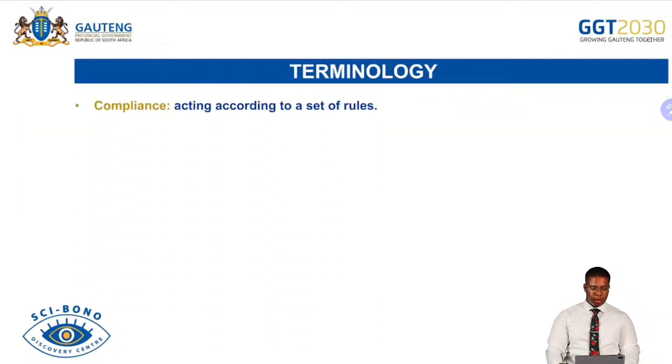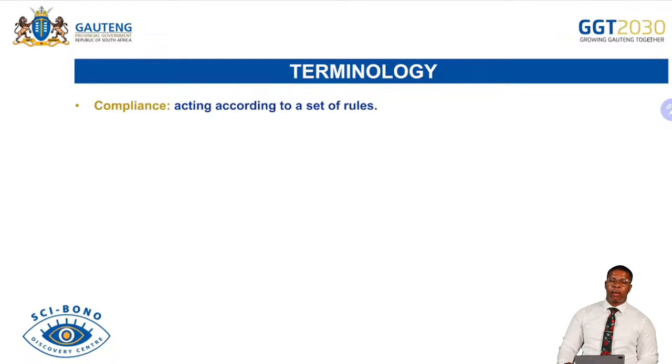Terminology that is key for this lesson is the term compliance, because the focus of these legislations being developed is for businesses to comply. So what do we mean by the term comply? This refers to acting according to a set of rules.